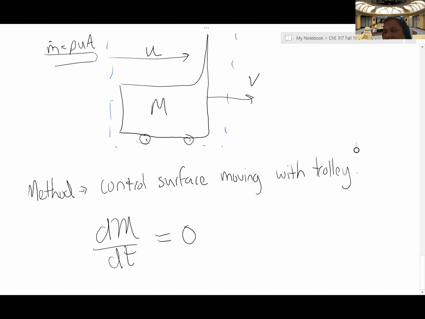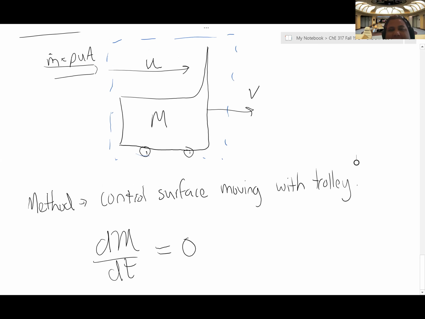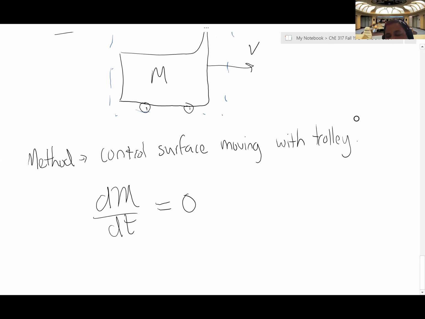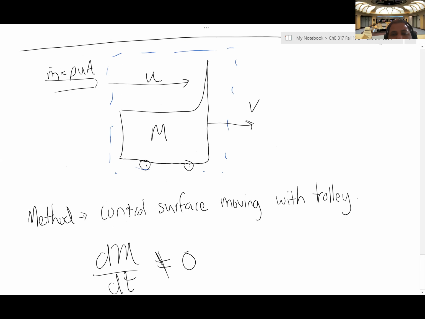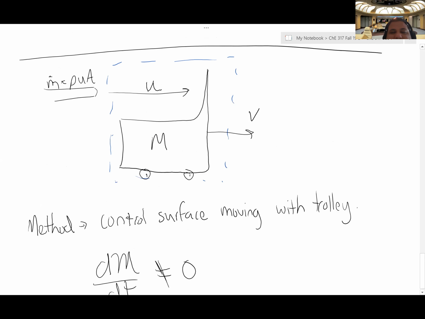And for this problem, the likelihood of it being a constant velocity is most likely not going to be the case. So for this system, I would probably consider this to not be a truly conserved system. Because if I'm shooting this, it would be really difficult for the trolley to move at a constant velocity, primarily because that jet would have to be moving with it. You understand what I'm saying?